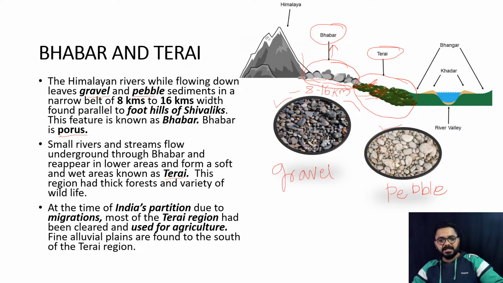Especially at the time of India's partition, the Terai region, which was full of green forests, was cleared, and this region was used for agriculture. Talking about Terai, it still consists of fine alluvial soil. So this is about Bhabar and Terai, and let us move forward to the next topic.